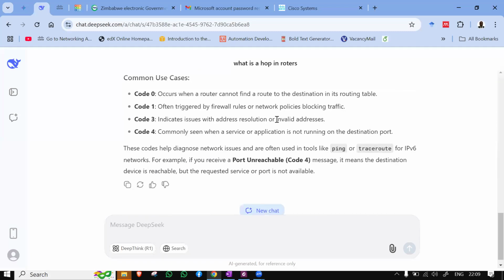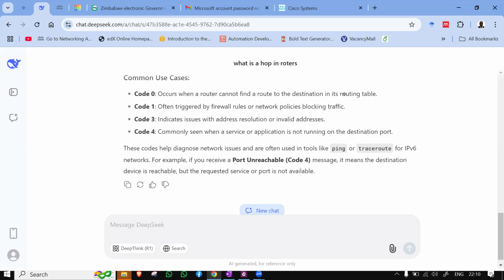Code 0 is when a router cannot find a route to the destination in its routing table, so the network is unreachable. Code 1, firewall. Code 2, beyond scope. Code 3 indicates issues with address resolution. So this one, address resolution, is definitely to do with the MAC address. That's also one of the problems you get when you actually troubleshoot networks.